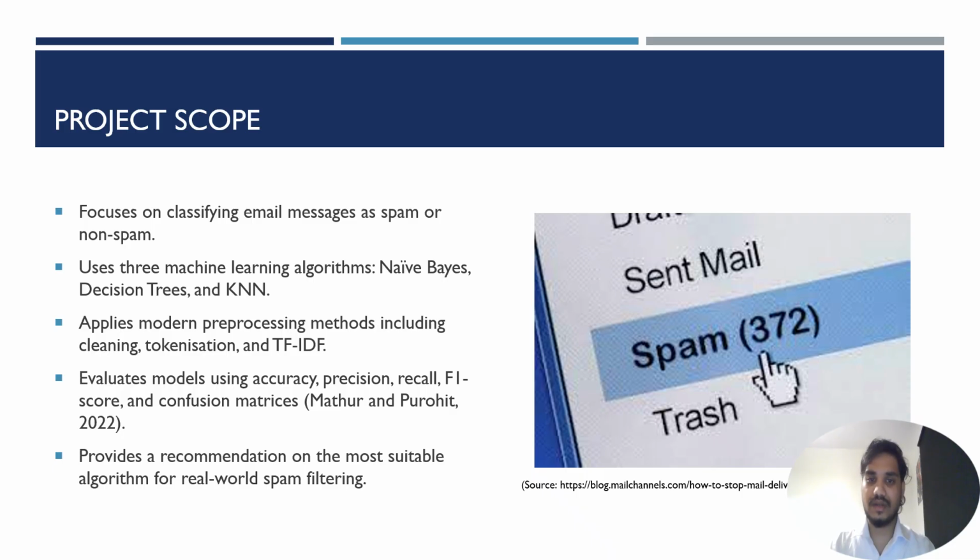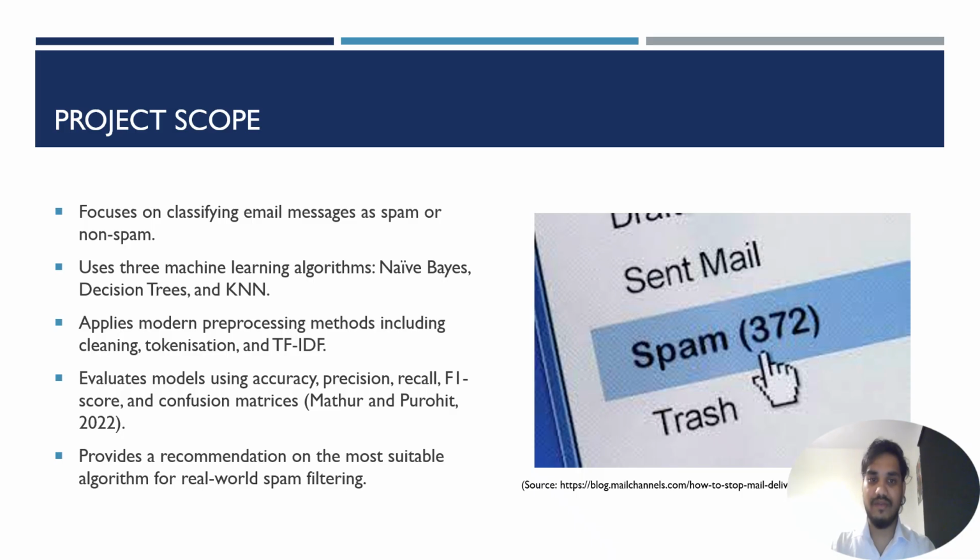The project focuses on text-based email datasets which will be cleaned, pre-processed, and transformed using TF-IDF for feature extraction, where each algorithm will be trained and evaluated under identical conditions to ensure a fair comparison.